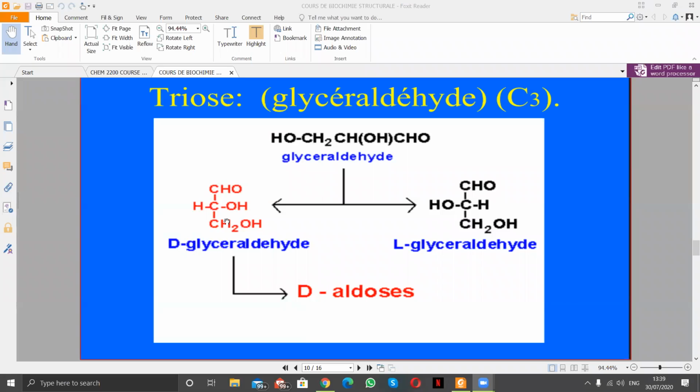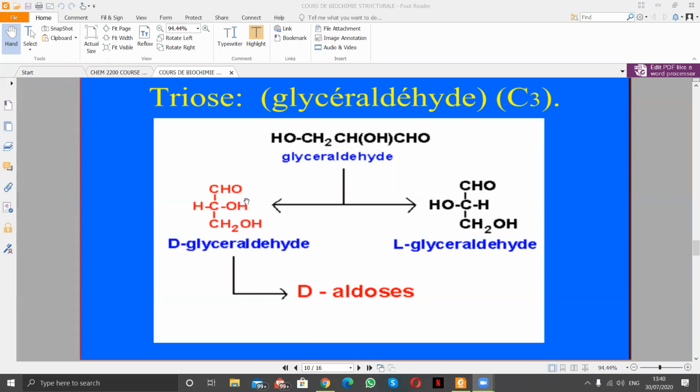For you to identify D and L, you have to look for a hydroxyl function where it's bonded to a carbon asymmetry. Am I clear? Always search for a hydroxyl functional group which is bonded to a carbon asymmetry.